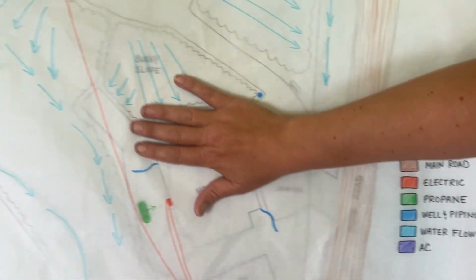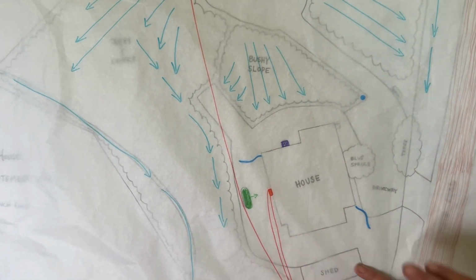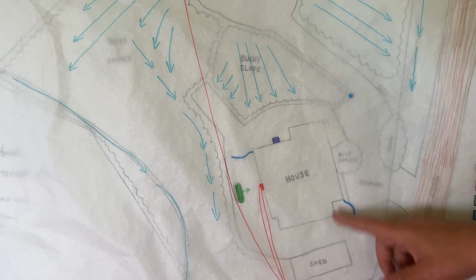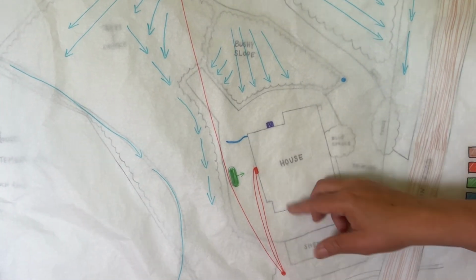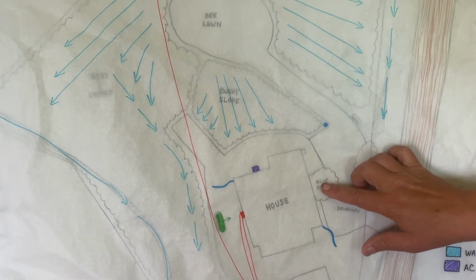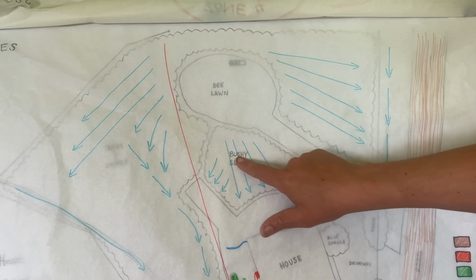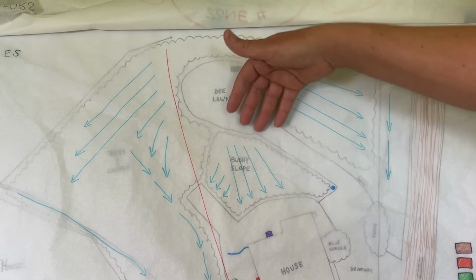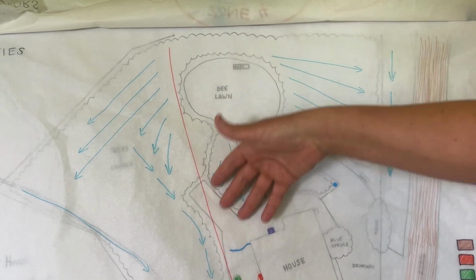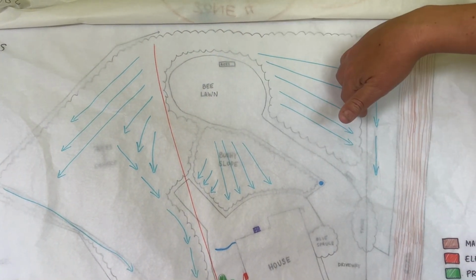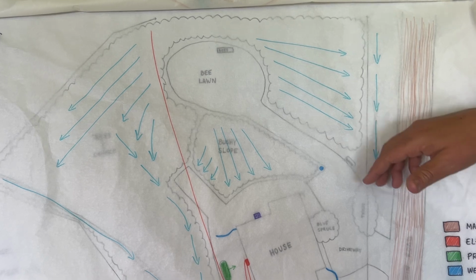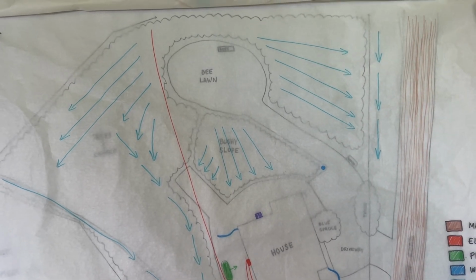If you see the base map shining through, we've got a shed, we've got the main house, and some trees that are not moving. They indicated a bushy slope, which is really helpful. And then the arrows are showing the way the water moves off of all of these slopes. And these big arrows make it really easy to see.